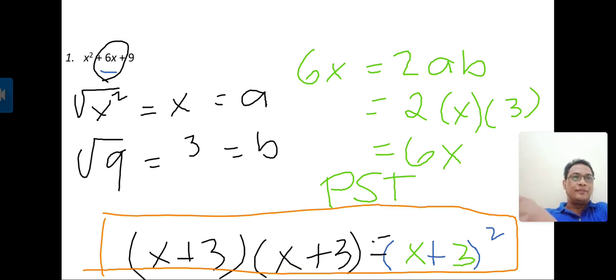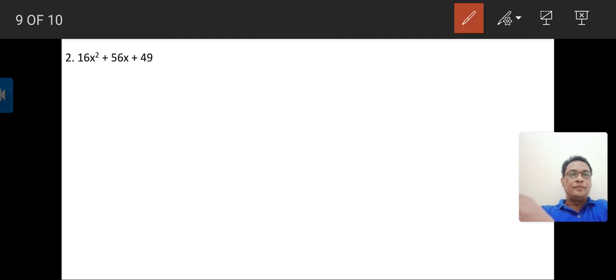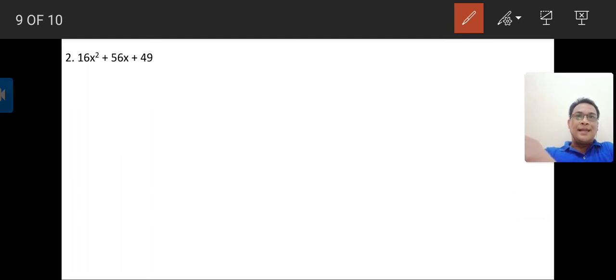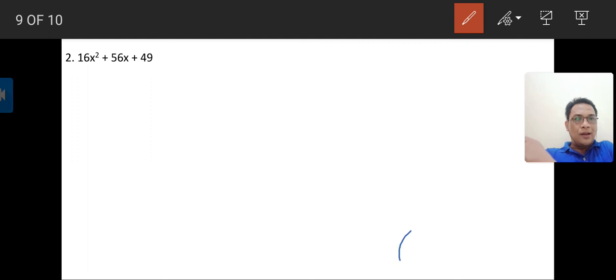Next. Okay, so for number 2, we have here 16x squared plus 56x plus 49. Again, the first step is parentheses raised to the square.